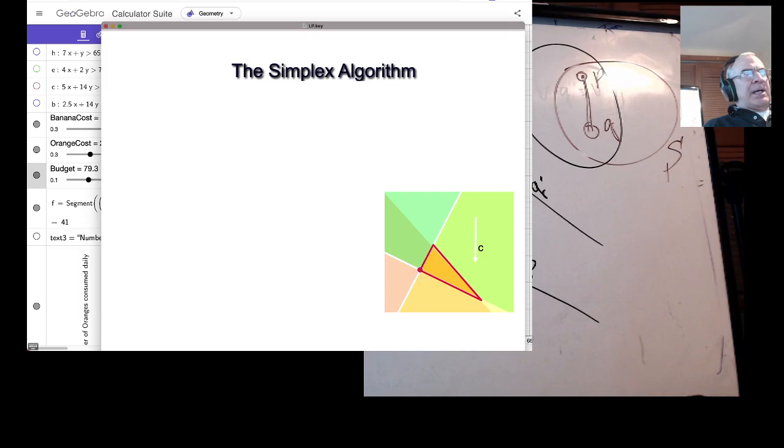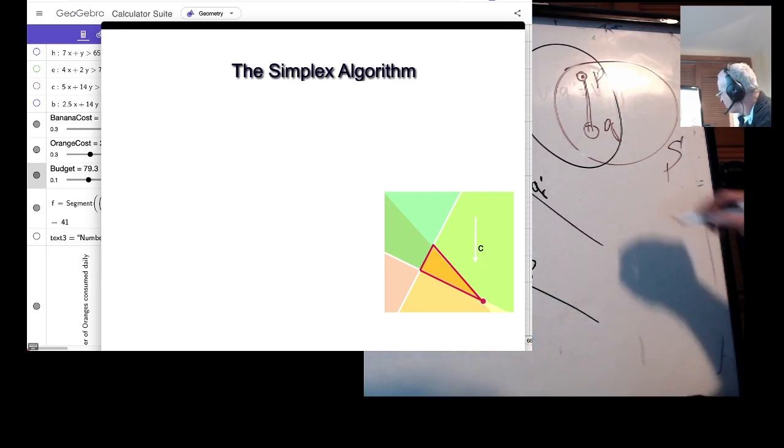That's why I'll now pick a new direction, walking along a different edge until I hit this vertex. And from this one, I cannot locally improve it. And because of convexity, this is the optimum vertex. I don't worry about local optima versus global optima.